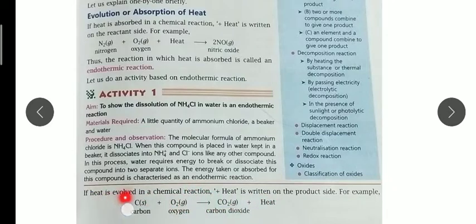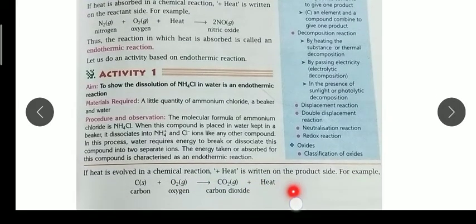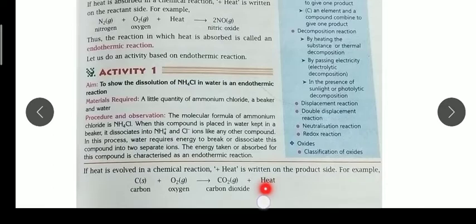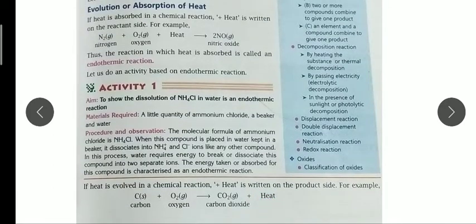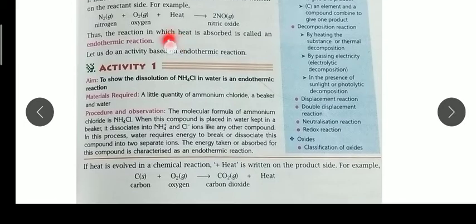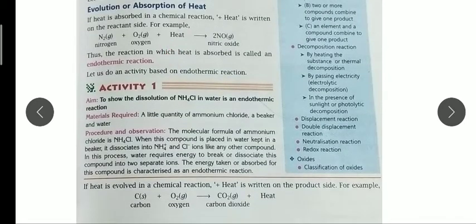If heat is evolved, meaning released, during a chemical reaction, again we will write plus heat, but this time in the exothermic reaction we will write plus heat on the product side, because after the chemical reaction heat is liberating, heat is evolving. Always remember, for an endothermic reaction we write plus heat on the reactant side, and for an exothermic reaction we write it on the product side.